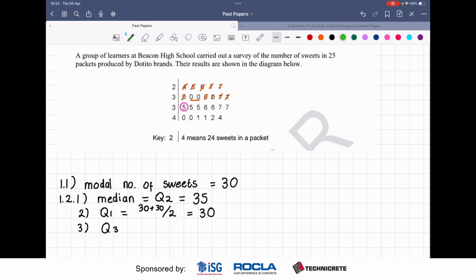And then the same for the upper half. I'm finding halfway in between 40 and 37. And that is going to be 38.5.